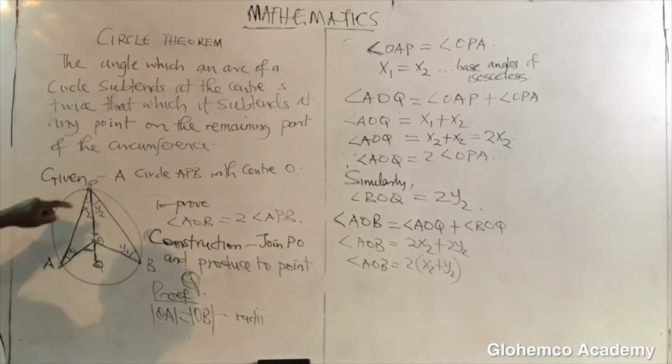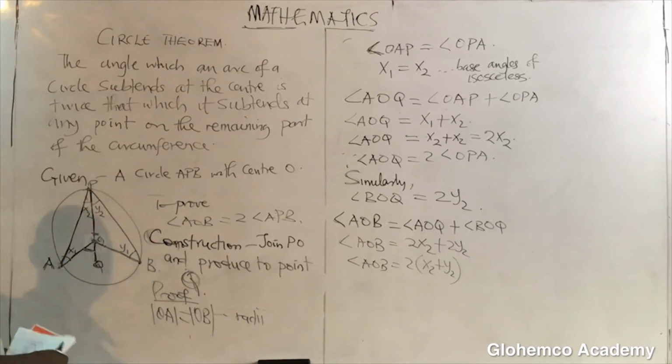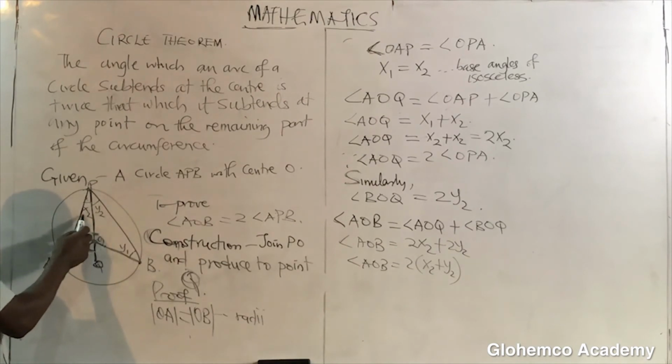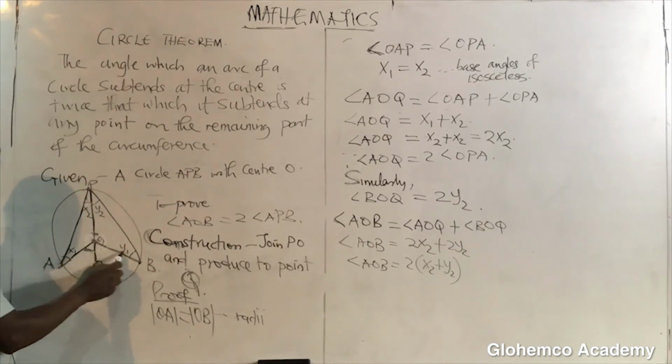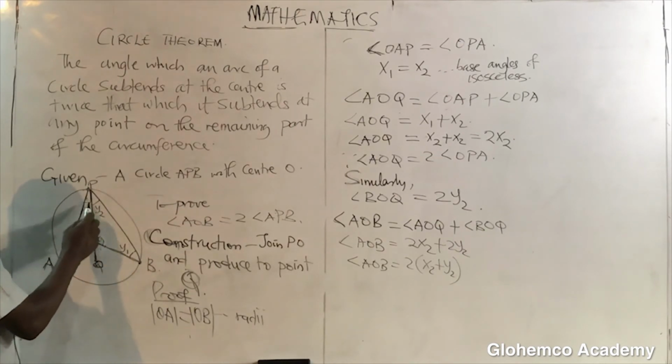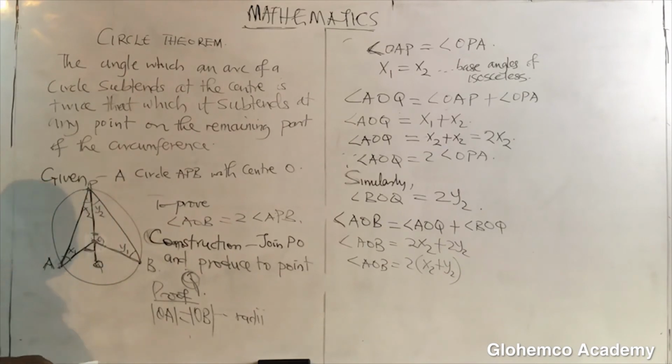That is, if you know the value of this angle x2, y2, the angle here, multiplied by 2 will give us the value of AOB. And that is the theorem that we are asked to prove.